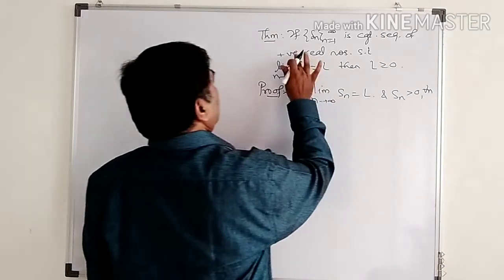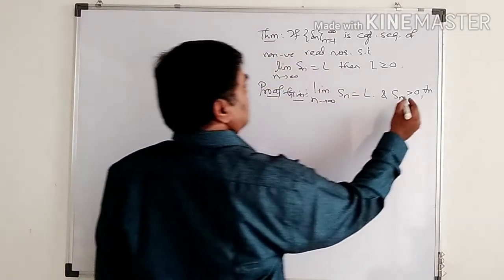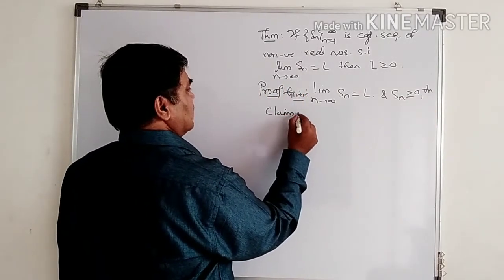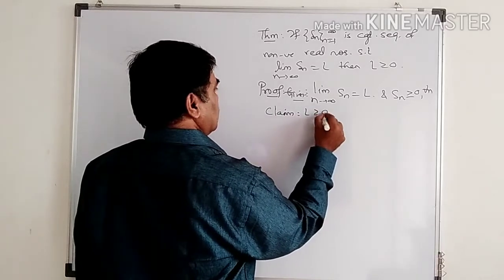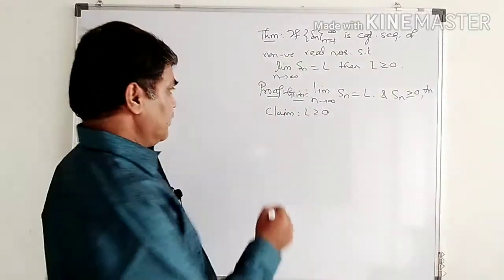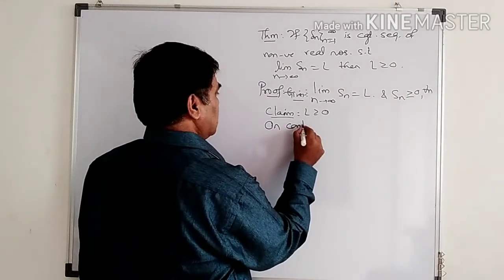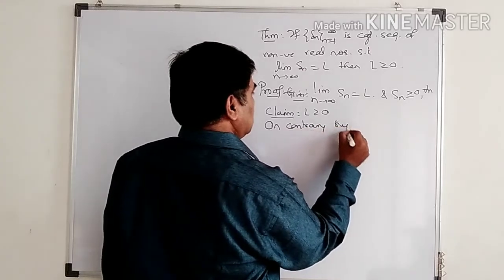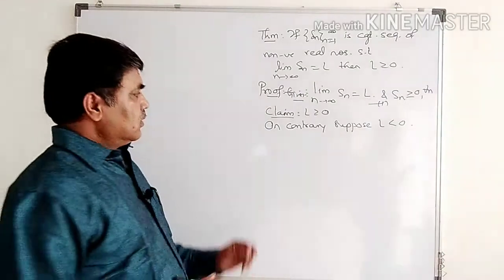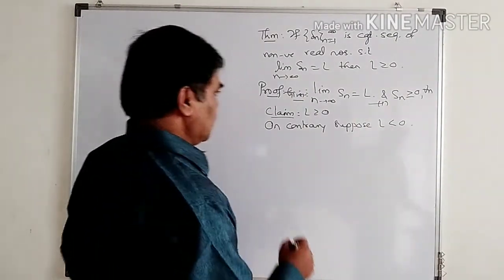If I take non-negative real numbers, claim L greater or equal 0. On contrary, suppose L is negative. Okay. On contrary, suppose L is less than 0.